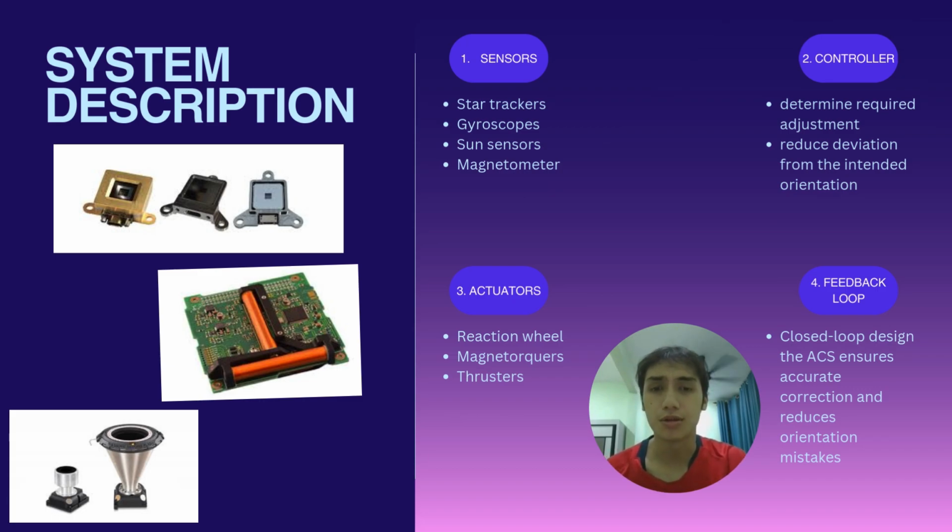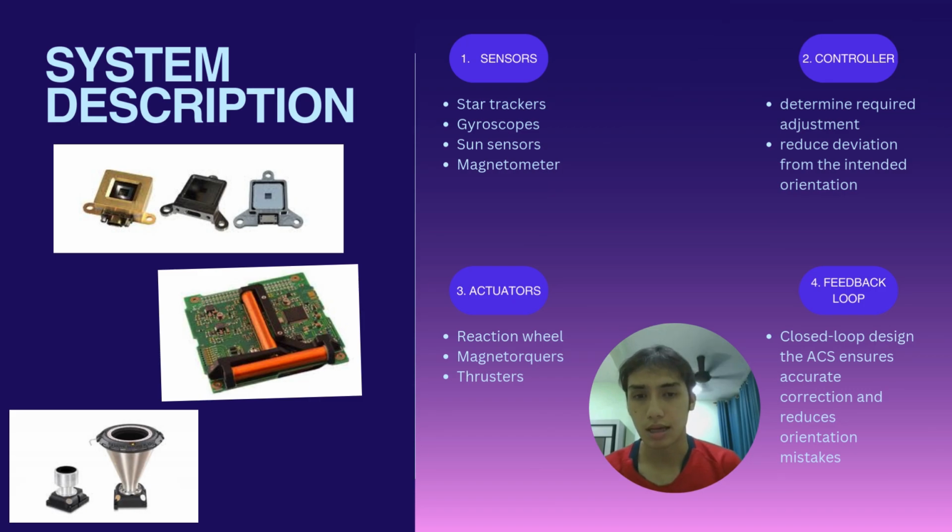Other than that, the controller: the sensor input is processed by the controller to determine the required adjustment, which can reduce the deviation from the intended rotation. Algorithms like the proportional integral derivative (PID), nonlinear control, or sophisticated resilient control approaches like H-infinity control produce directives. Other than that, actuators apply corrective forces or torques to achieve and maintain the desired attitude.